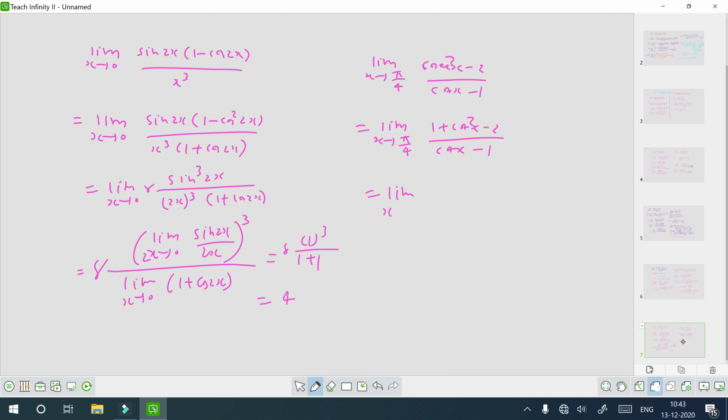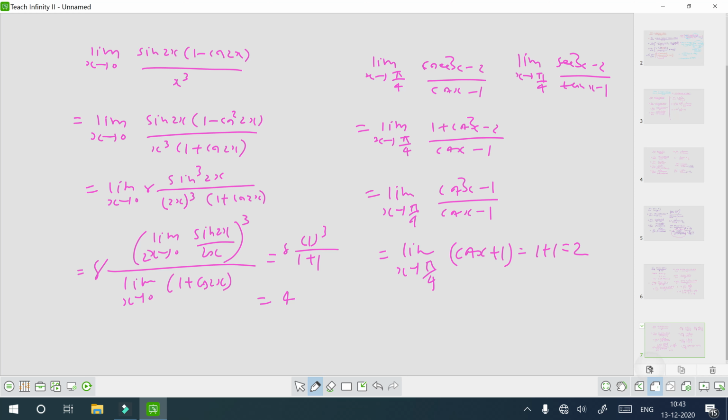That is equal to limit x tends to pi by 4, (cot square x minus 1) over (cot x minus 1). One of the factors gets cancelled? Yes. What you get? Cot x plus 1. That is equal to cot pi by 4 plus 1, that is 2. In this way, limit x tends to pi by 4, (sec square x minus 2) over (tan x minus 1), you can also solve it. Same way, the answer also comes out 2.